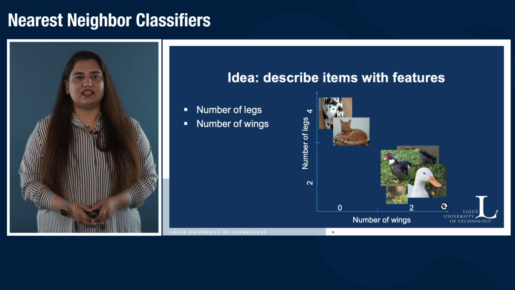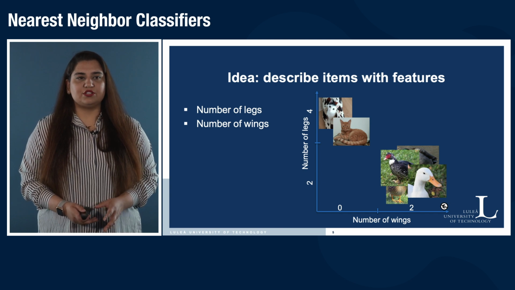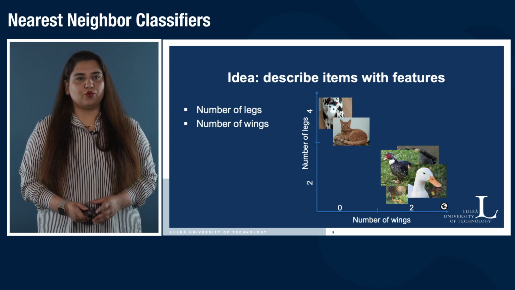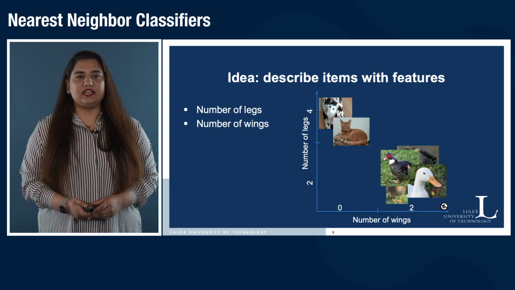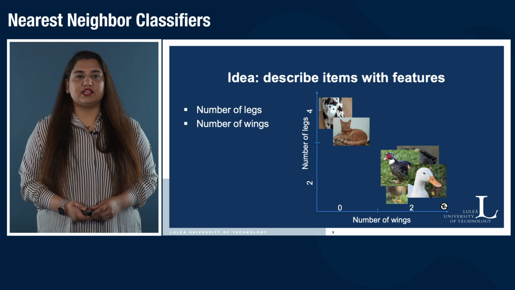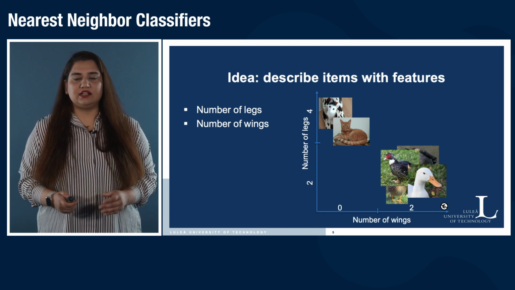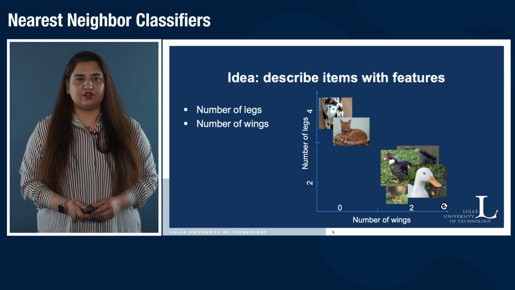Any image with an animal having 4 legs lies on the vertical side of the graph, and any image where the animal has wings, we place it where it should belong in the graph.